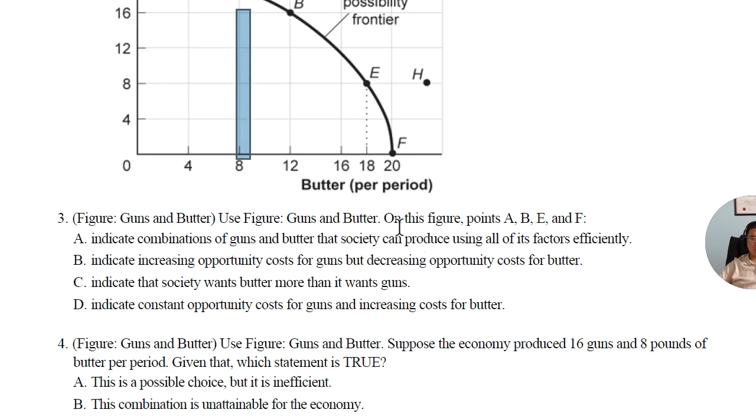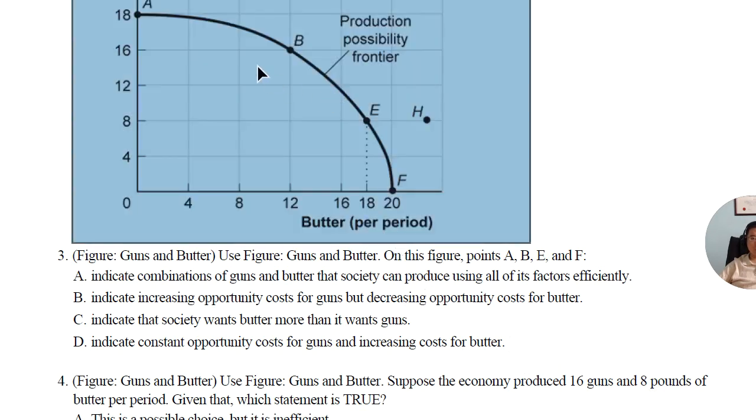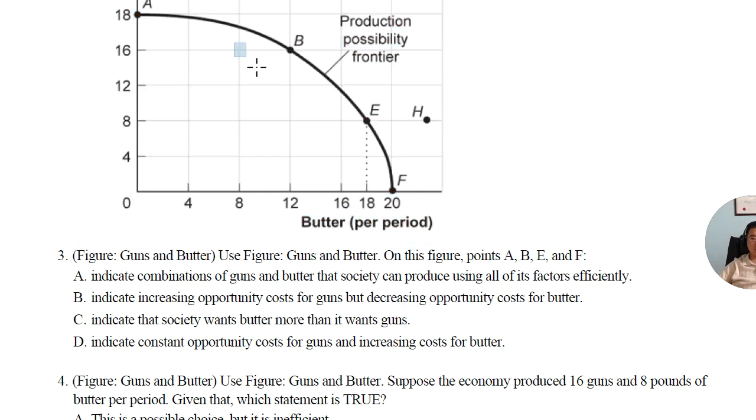So what we are talking about is basically this point, 16 guns and 8 pounds of butter per period, given that, what statement is true.